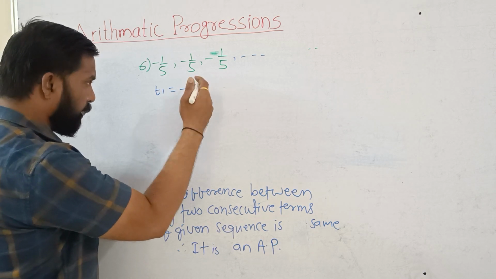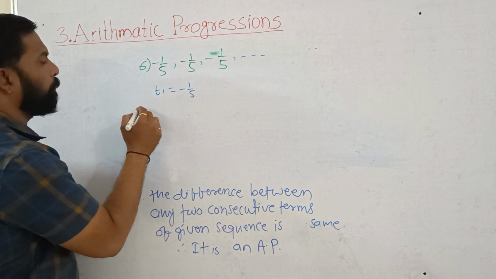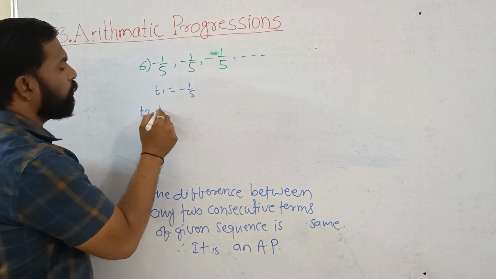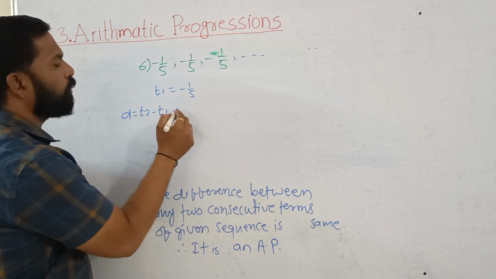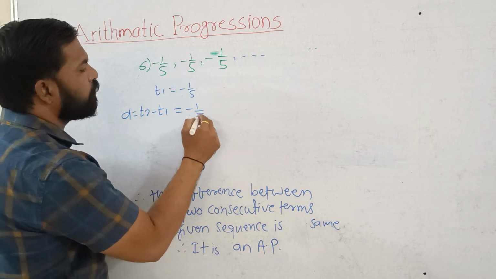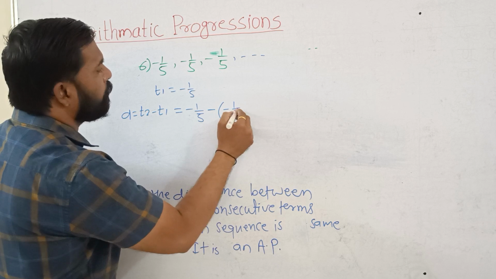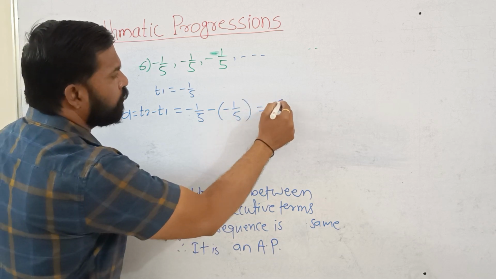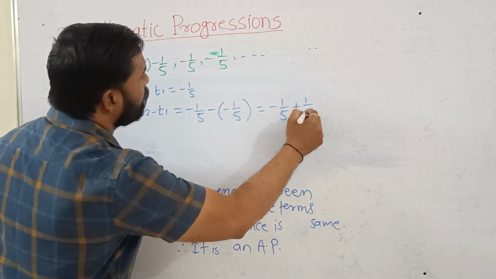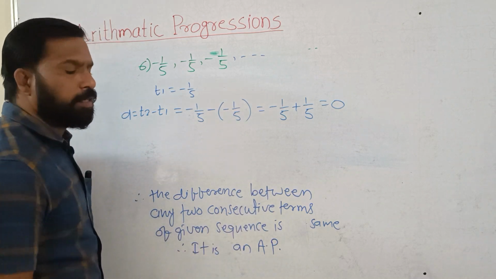D is equal to T2 minus T1, minus 1 by 5 minus of minus 1 by 5, which is equal to minus 1 by 5 plus 1 by 5, then 0.